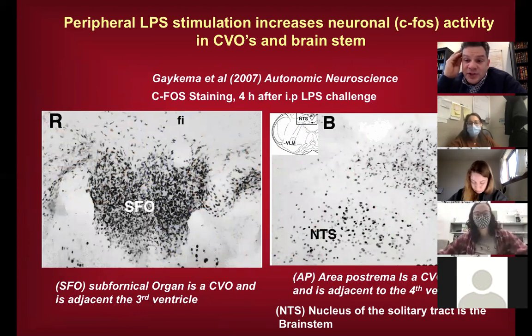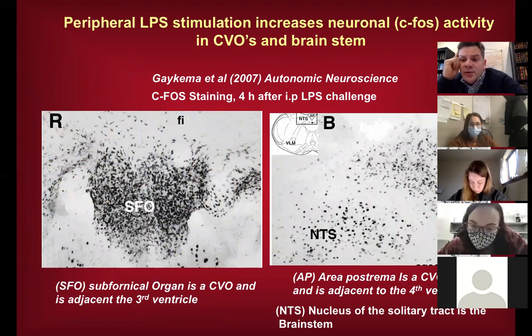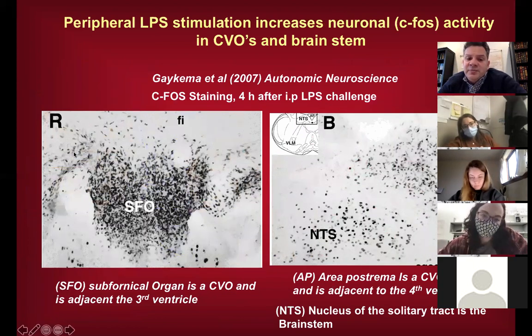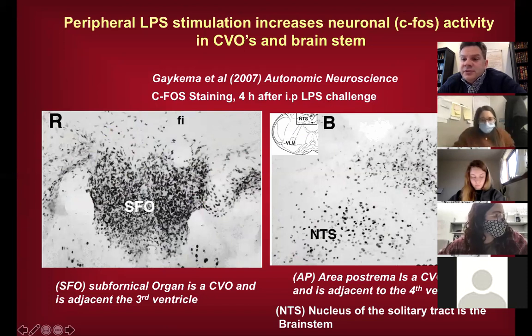Now, what's interesting is that you can see direct neuronal activation during infection. This is an immune challenge with a little polysaccharide. This is a peripheral injection, and within 4 hours, all these black cells here are activated neurons within the CVOs. So it's a very quick signal.